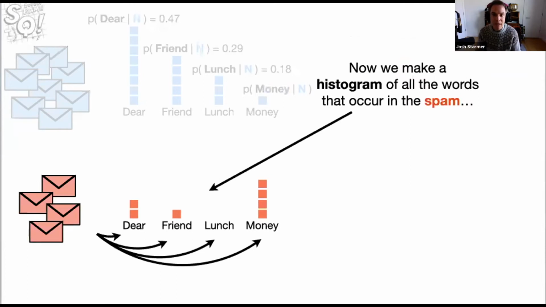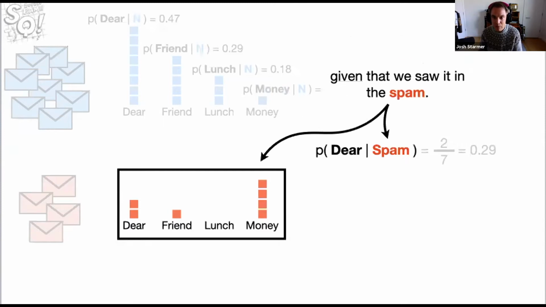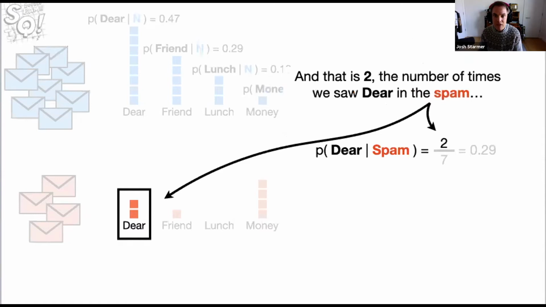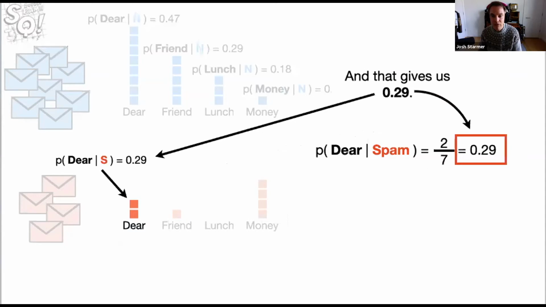Now we can make a histogram of the words that occur in the spam. And we calculate the probability of seeing the word dear, given that we saw it in the spam. And that is 2, the number of times we saw dear in the spam, divided by 7, the total number of words in the spam, and that gives us 0.29.